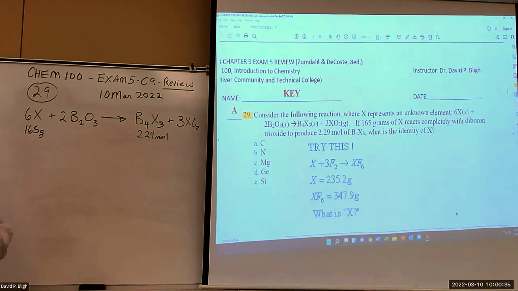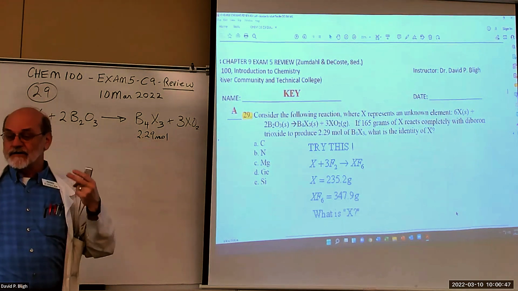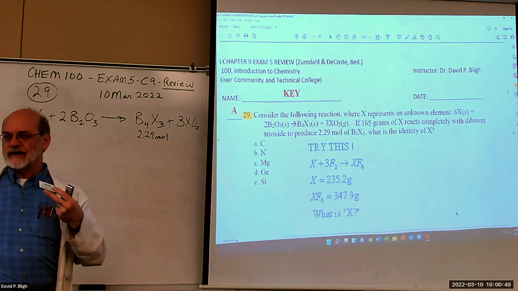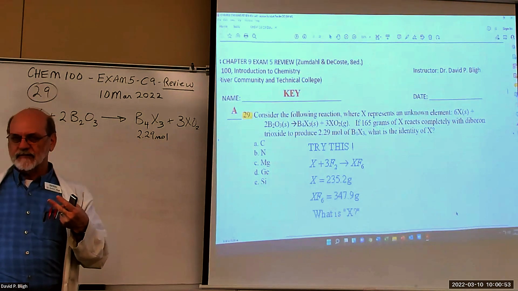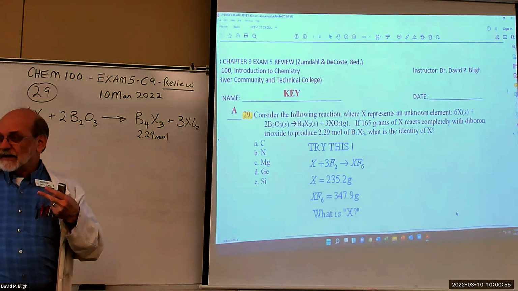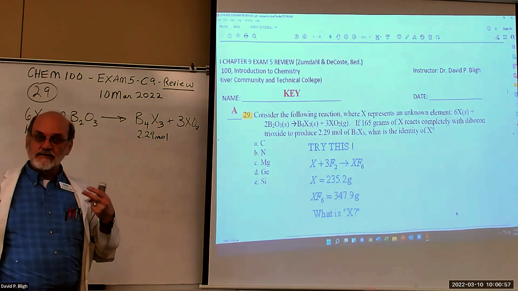Okay, I think we did one of those Tuesday. What do you need to identify X? 2 possibilities, right? If you have the number of protons, if you have the atomic number, it's simple. Just go to the periodic table. But if you don't, the backup position is molar mass.